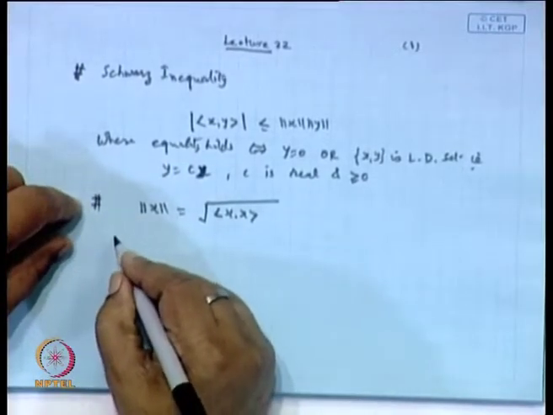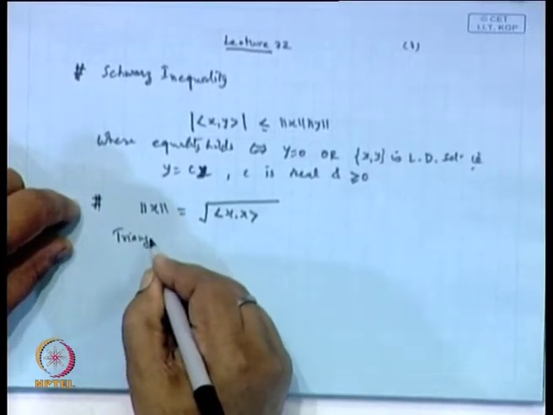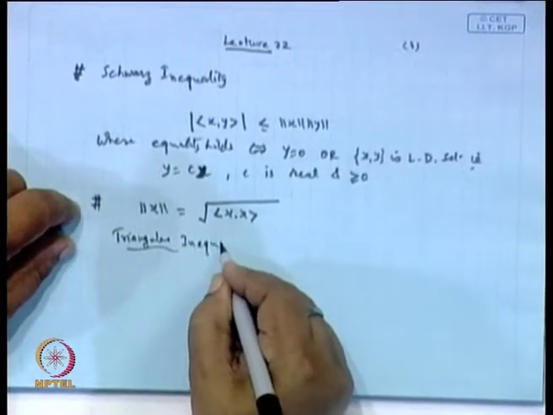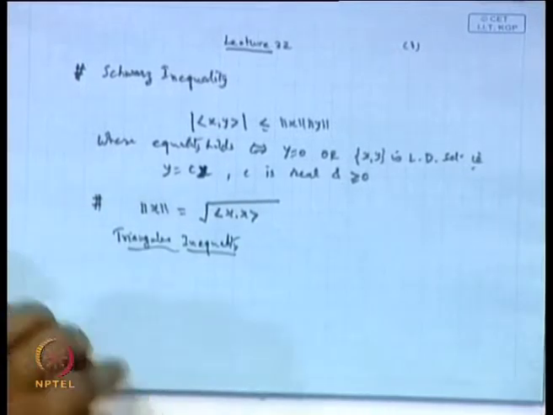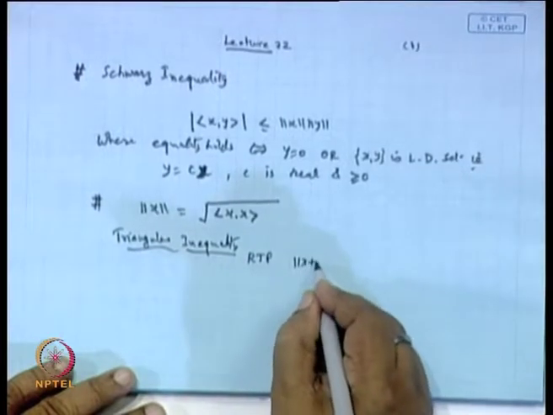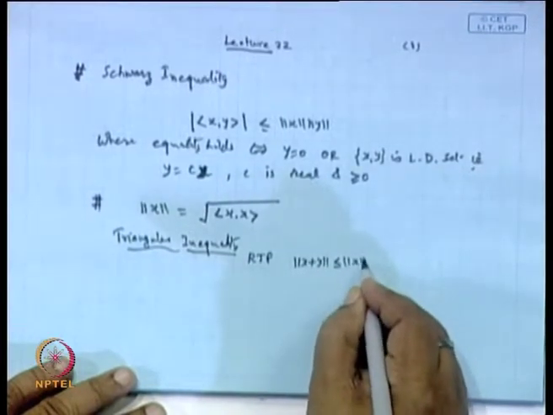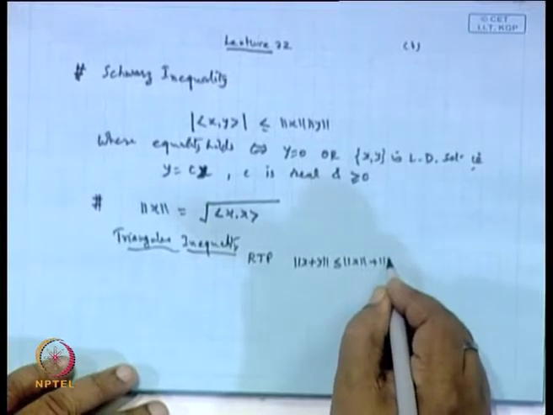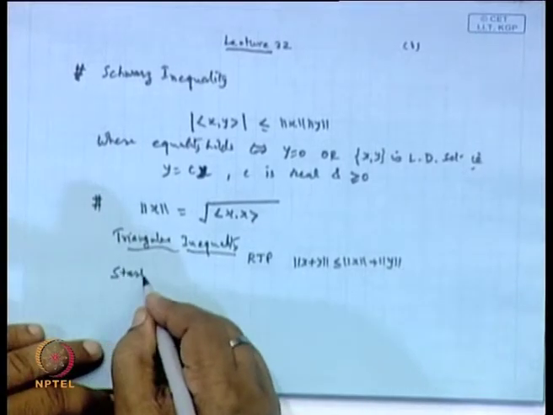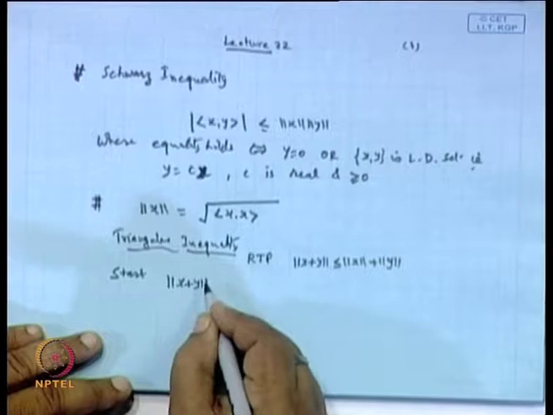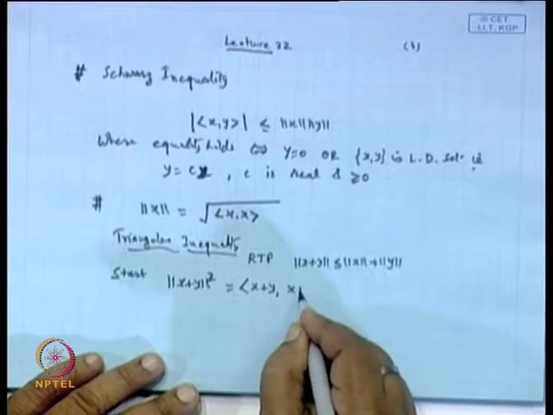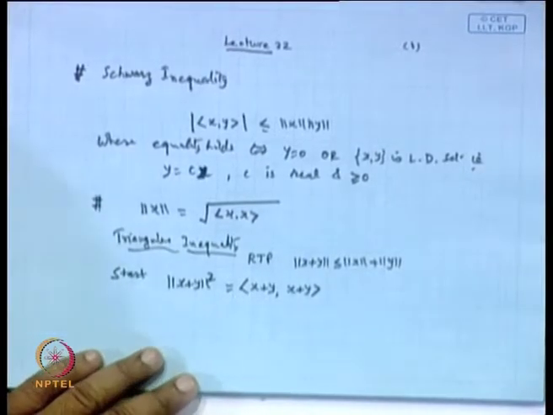So, let us see the triangular inequality. We want to show that the norm of x plus y is less than or equal to the norm of x plus the norm of y, is it not? So, start with the norm of x plus y whole square, and this can be put as x plus y under the inner product sign.